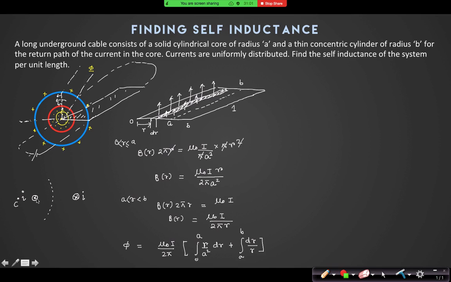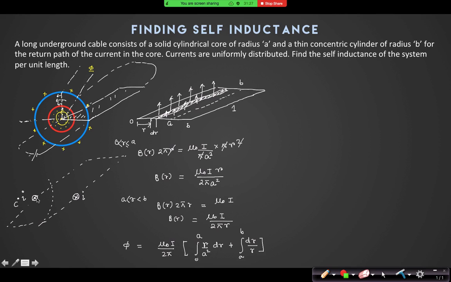One conductor can follow this loop. But when I am calculating flux, in this case the flux should be calculated by this conductor only, multiplied by this area.